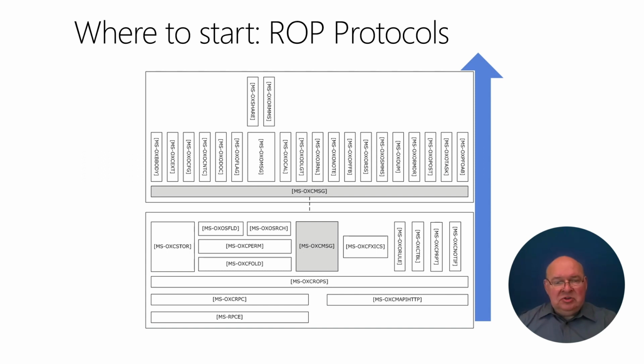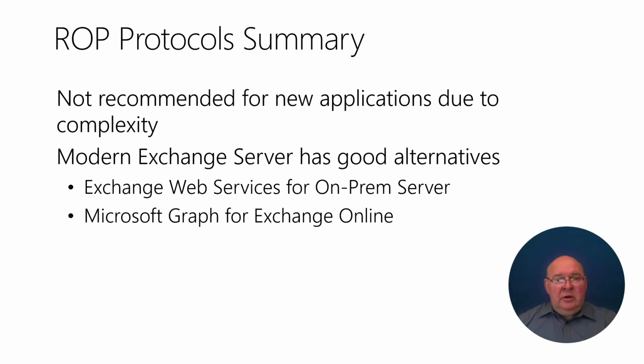Start with RPC or MAPI HTTP and MS-OXROPS, and then this set of server-specific protocols and client-specific protocols. And finally, to summarize, this protocol family is not recommended for new applications, and there are very good alternatives on modern Exchange Server: Exchange Web Services for on-prem, and Microsoft Graph for Exchange Online.